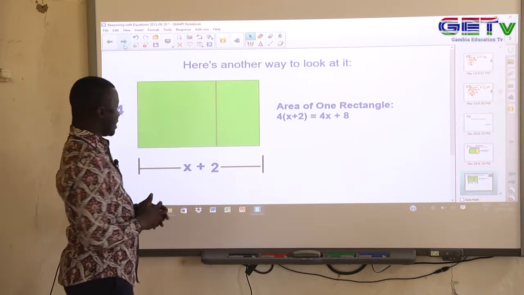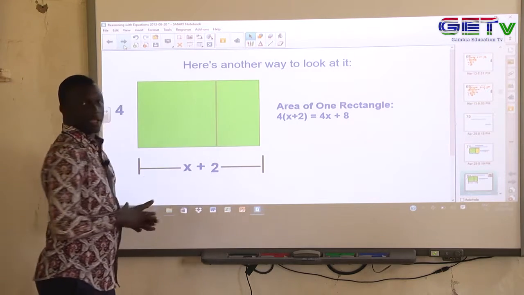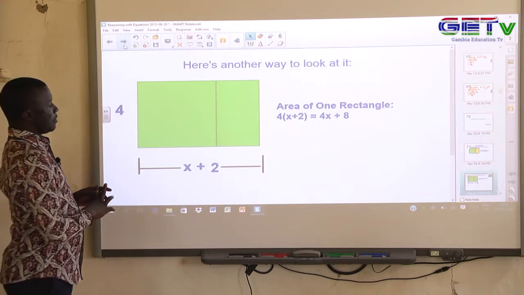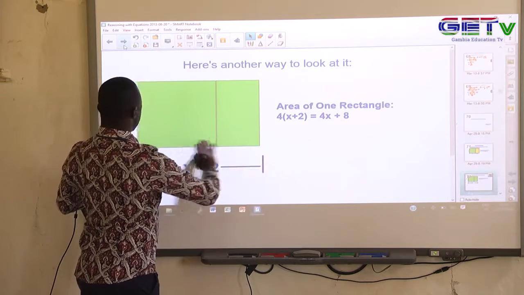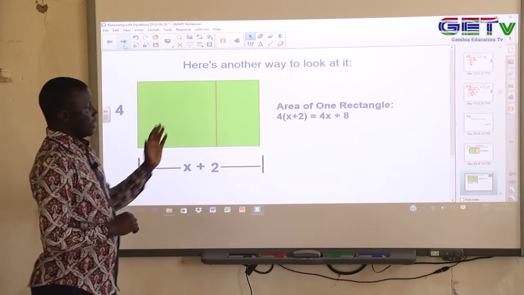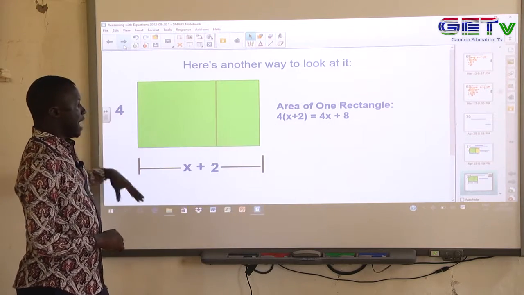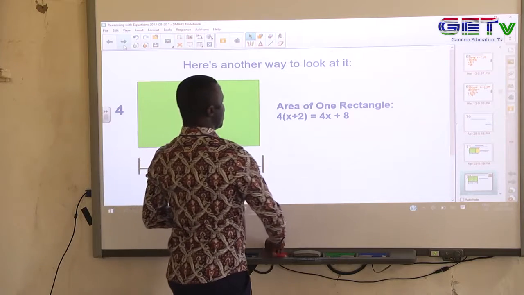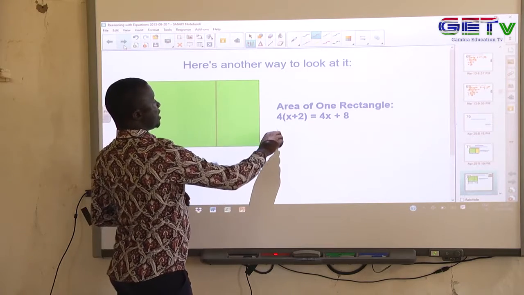Here's another way to look at it now. Still, we have another rectangle. This time around, we have one length and a breadth here. The area of the rectangle here is length times breadth, as you all know. So this is the length.